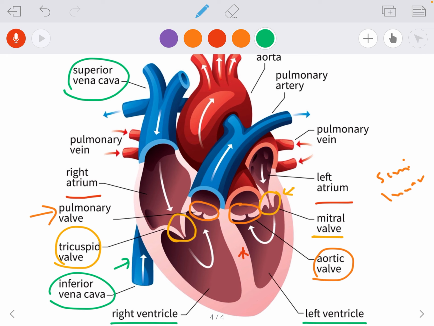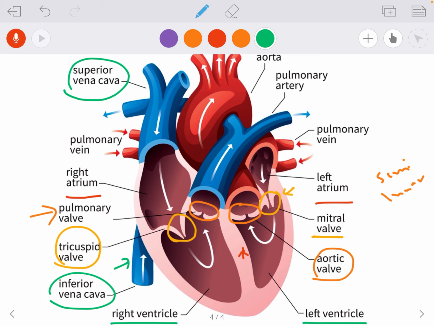The superior vena cava carries blood from upper body parts to the right atrium of the heart, while the inferior vena cava brings blood from the lower body parts to the right atrium.